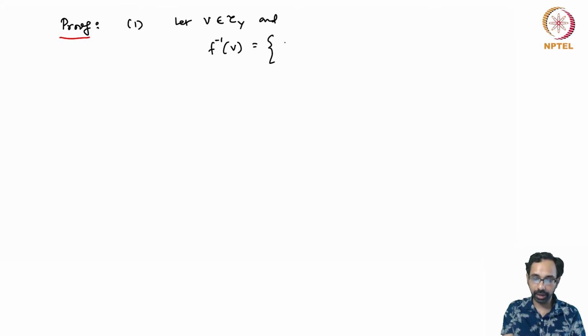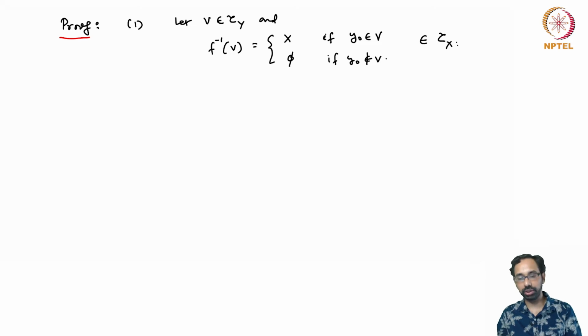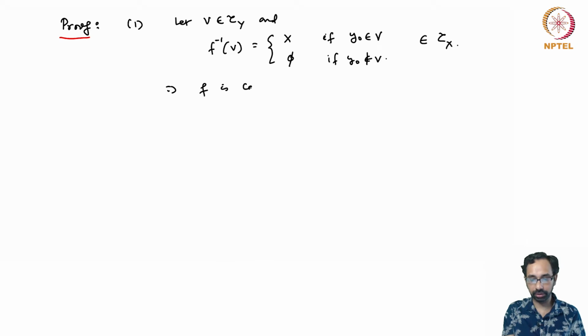Either f inverse of V is the whole of X when y naught belongs to V, or it is the empty set if y naught does not belong to V. In both cases this belongs to the topology on X, because both X and the empty set are open. So we see that the constant function f is continuous.